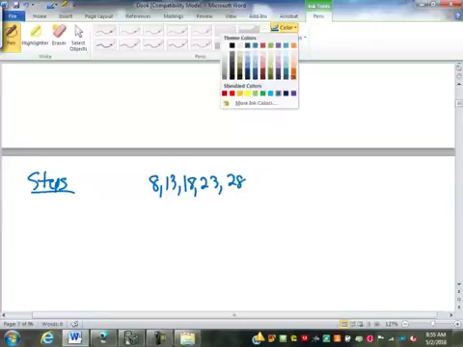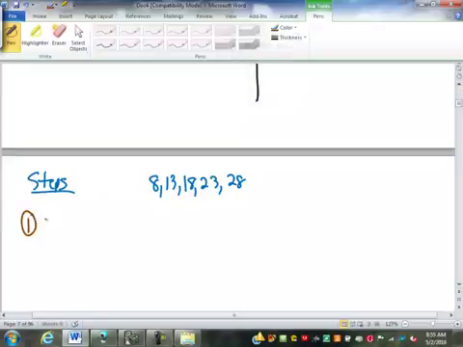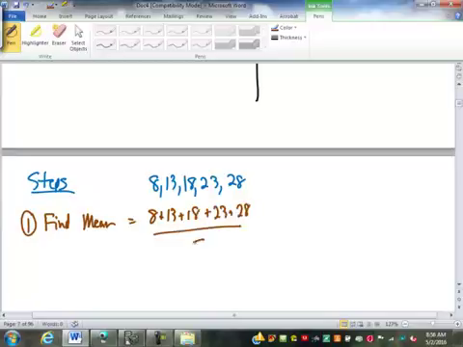Step 1. Find the mean. So I'm going to add these all up. Divide by 5 gives me 18 as my mean.